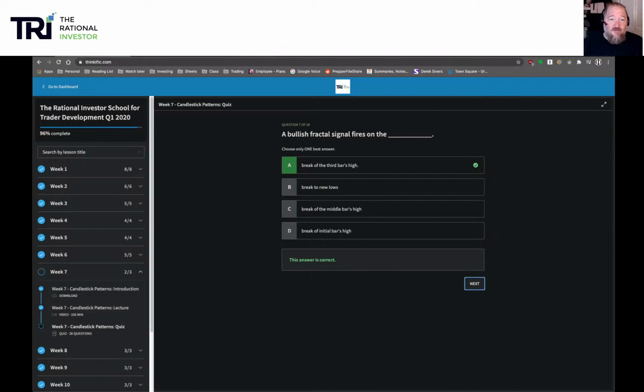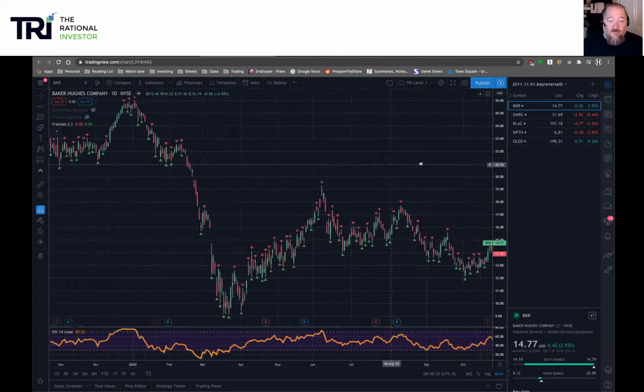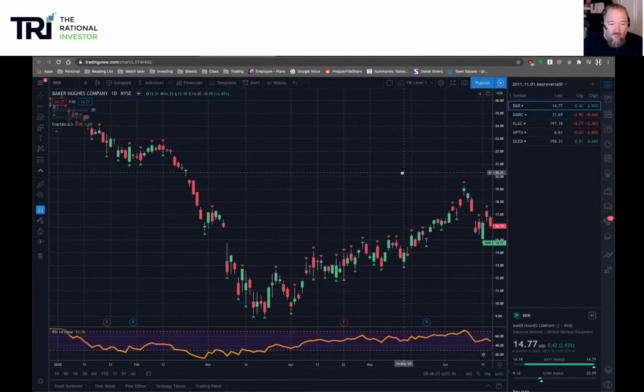So just picture this. If we're looking at a bullish fractal, we are looking at a low, a lower low, and a higher low, and a break of this 3rd candle's high is when that gets confirmed. Okay.